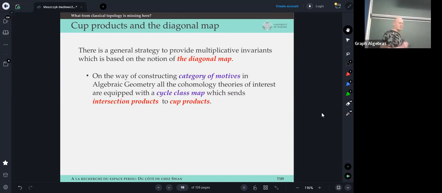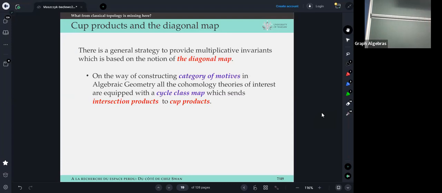And now, what is happening in categories which do not mimic this geometric category of spaces? For instance, in algebraic geometry, the category of motives, we could create cohomology theories of many sorts, but all of them are equipped with something called the cycle class map, which sends intersection products to a multiplicative structure.